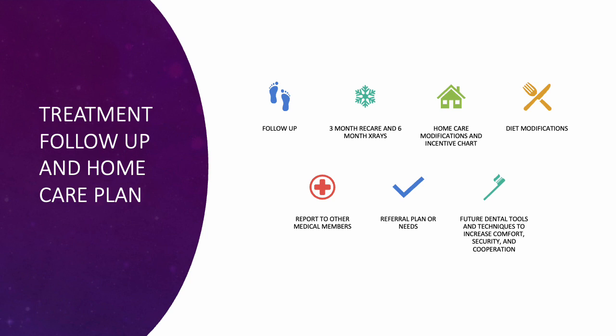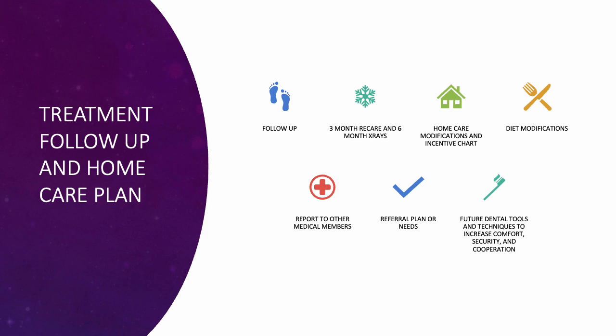If I am a general dentist and I do not do GA, then I need a referral plan to a specialist and/or I need to figure out an alternative that doesn't involve GA. And then I need to evaluate what tools are going to help this kid participate more in his overall health.